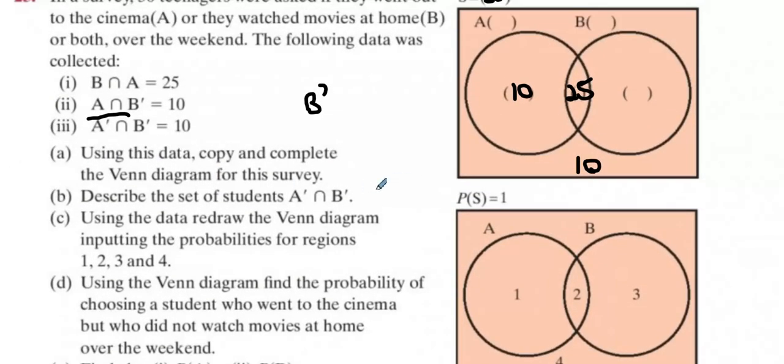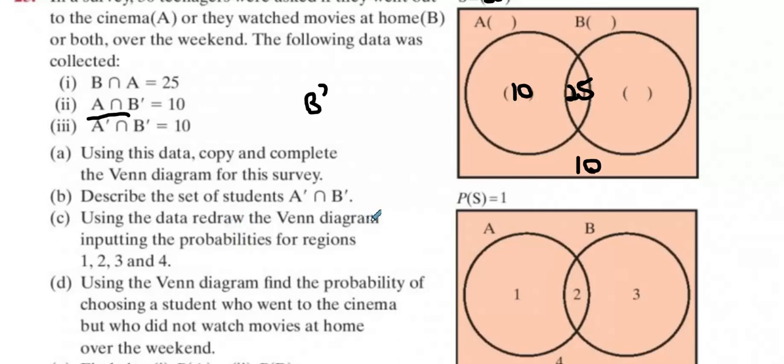Describe the set of students of A dash intersection B dash. That's the 10 people that didn't go to the cinema or watch movies at home. They didn't watch anything. This set means the people who didn't watch anything, the students that didn't watch any movies.